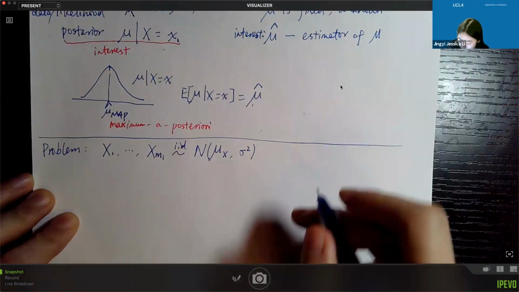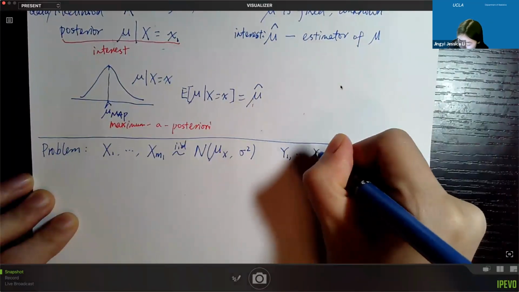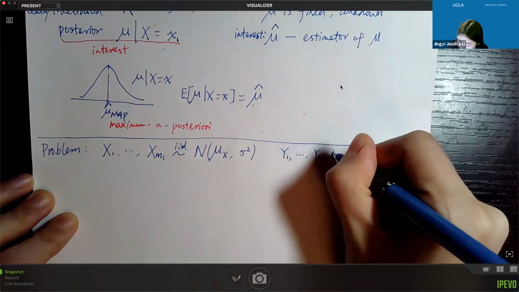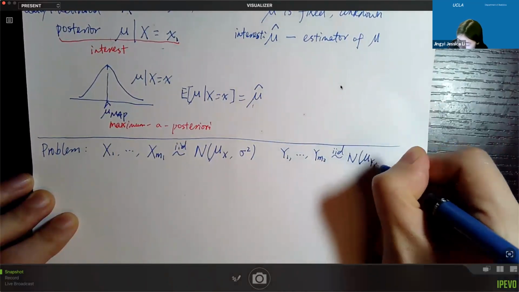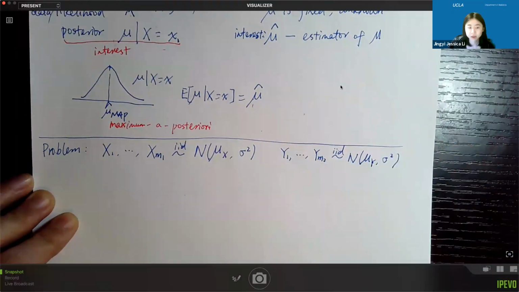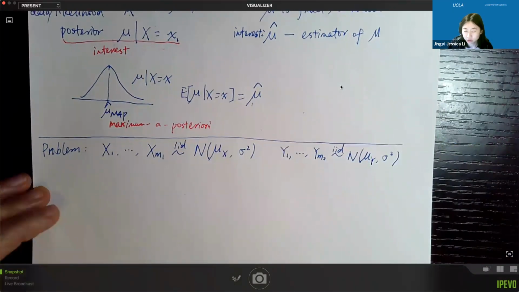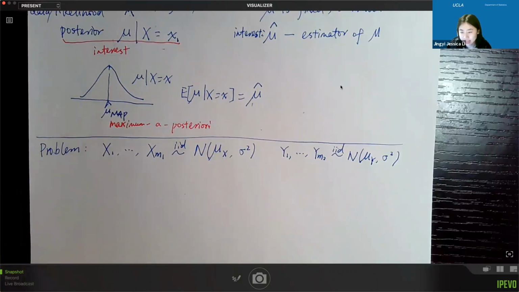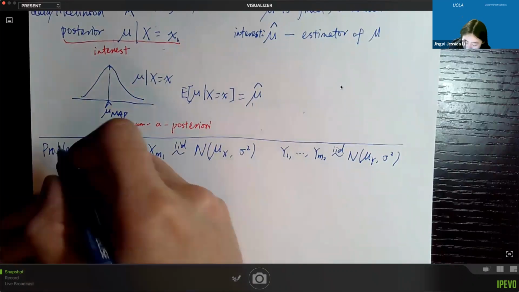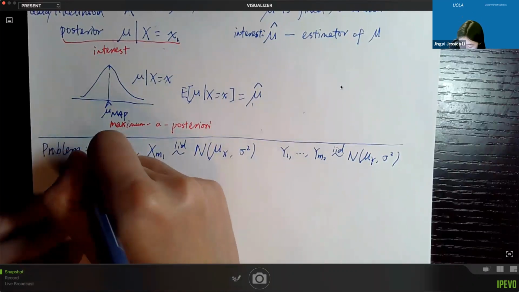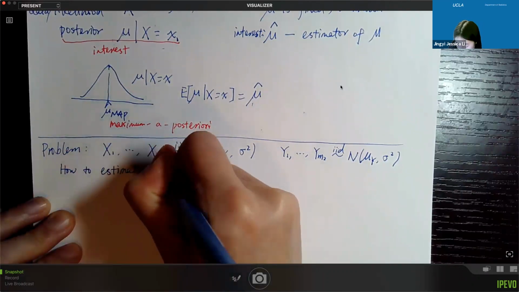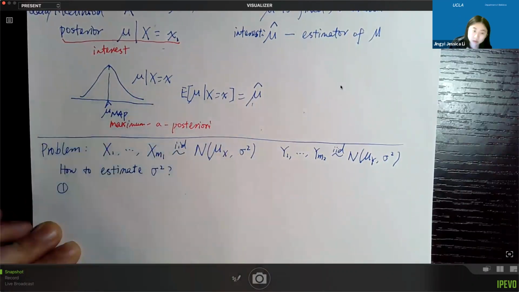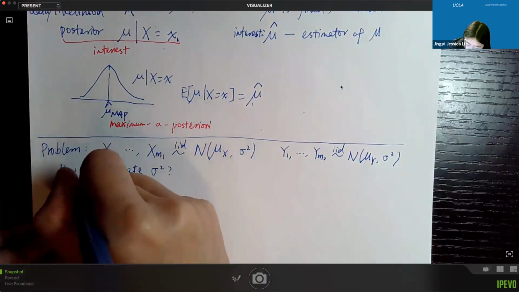And my sample 2 is y1 to ym2, IID, normal, mu y, sigma square. We have those two samples. And we want to estimate the sigma square. That's what we need in the denominator in our t statistic. So how to estimate sigma square?